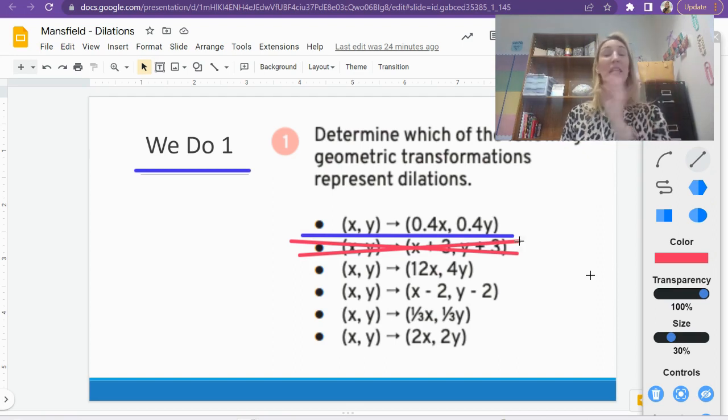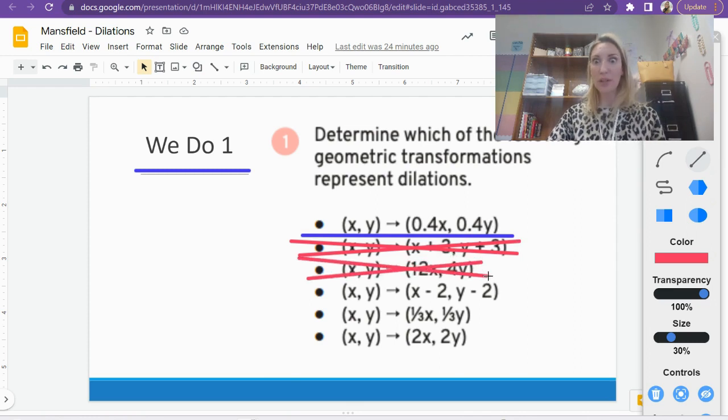Not the same number, not dilation. Cancel this one. Do not copy this one on your paper. This one is wrong. If one is 12, the other one is 4, that's not dilation. For dilation, they have to be the same number. Look at the first one again, how beautiful. 0.4, 0.4. They're both multiplying and they are the same number. That's dilation. Is that okay?